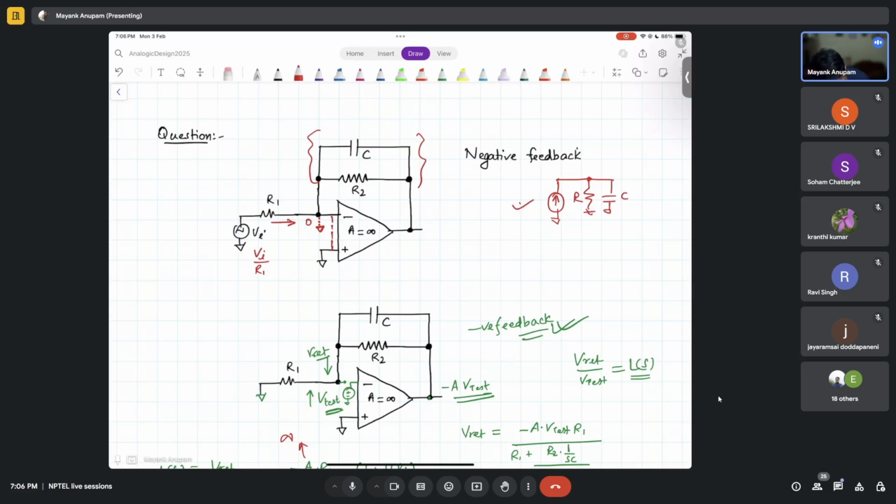The current is going to be integrated by this capacitor. So if this R was infinity, there is no doubt here, right? The voltage at this point will be the integration of I of t dt by C, right? This is the voltage, isn't it?